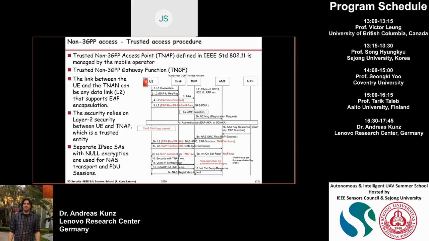This is, on the other hand, the trusted access procedure, which was defined in Release 16, just for completeness. We have the trusted non-3GPP access network, which consists of the access point and the co-located non-3GPP gateway function.